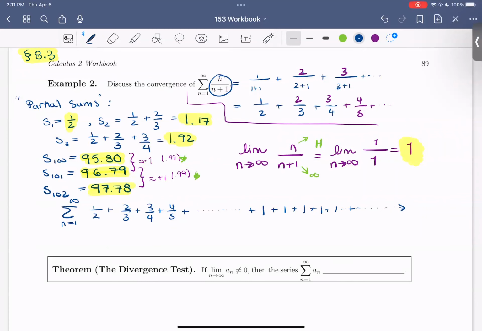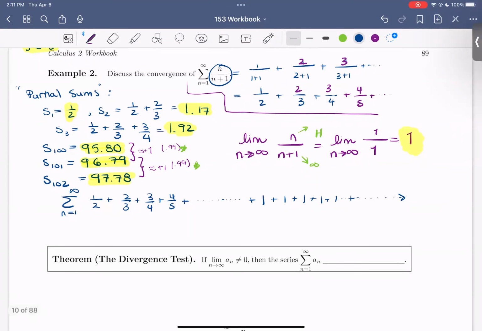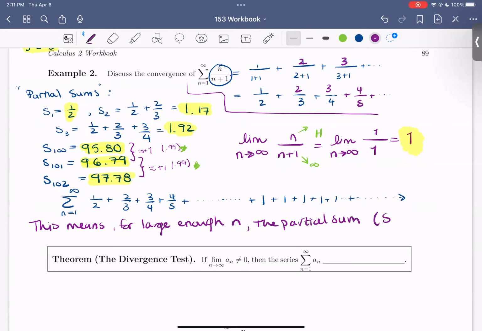So what does this mean? In terms of partial sums, for large enough n, for a large enough term, the partial sum S sub n will increase by 1 for each term we add.